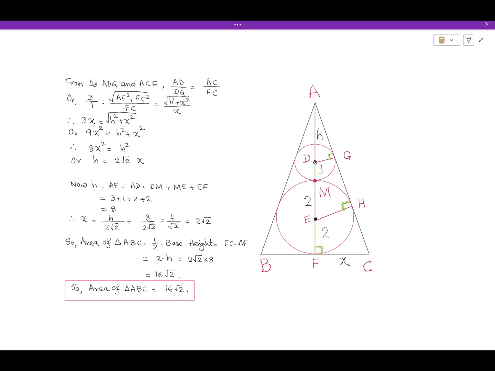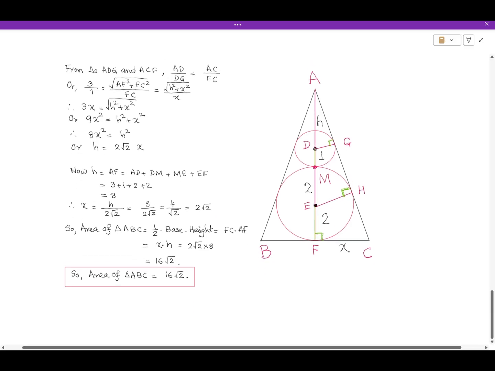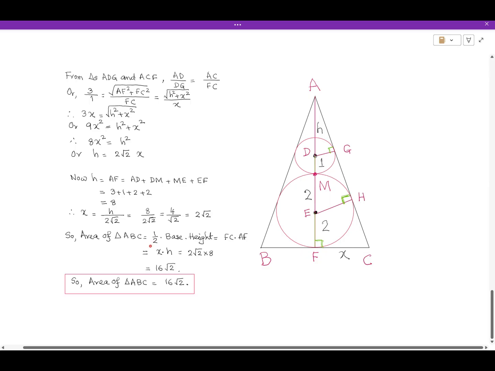Hence, X is equal to H by 2 square root of 2, that is 8 divided by 2 square root of 2, that is 4 divided by square root of 2, and that is equal to 2 root 2. Therefore, the area of the triangle ABC is equal to half base into height. The base is BC and the height is AF, and half of the base will be FC.